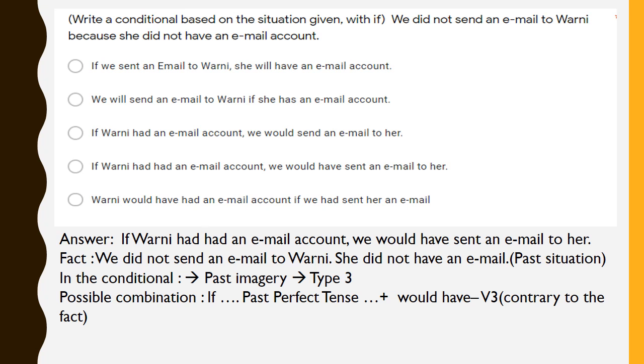She did not have an email. And it shows past situation. So in the conditional, it shows past imagery or type 3. And a possible combination is if past perfect tense combined with would have verb 3. And it is contrary to the fact.